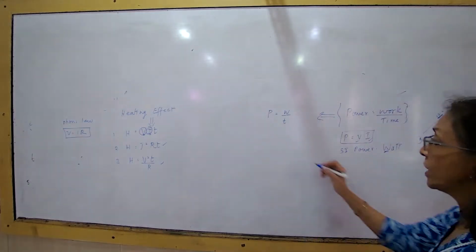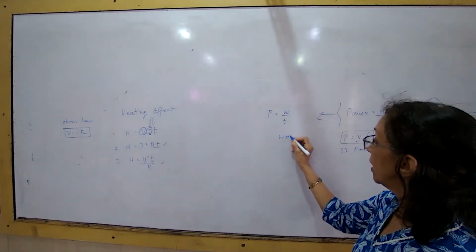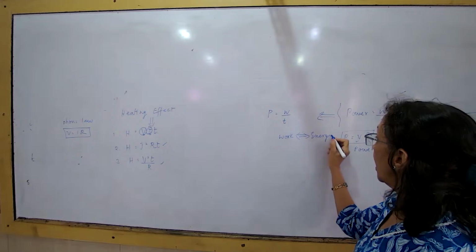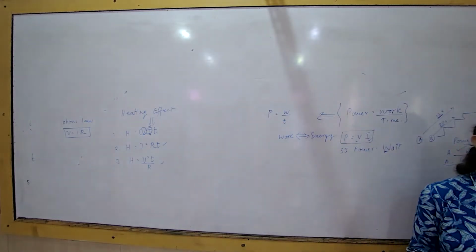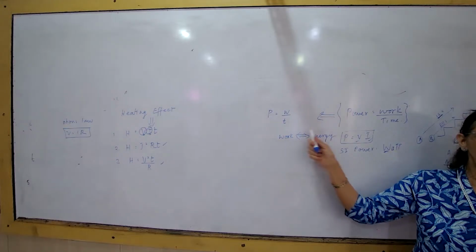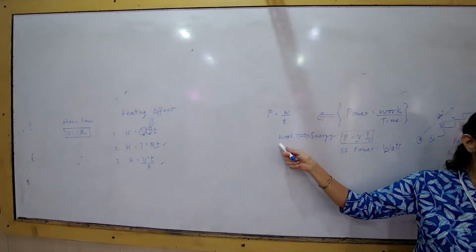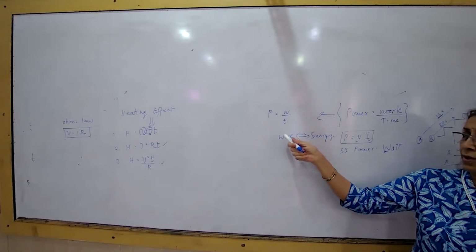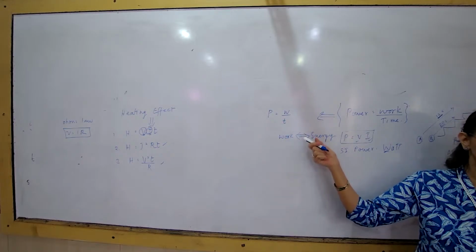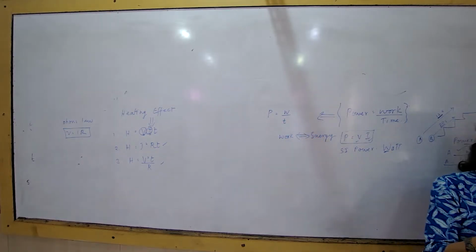Last class I was also telling you that work and energy are interrelated. Why do we say it is interrelated? If you want to do work, you need to have energy. So that means if you are doing some work, the output will definitely be energy. These two are always interrelated.